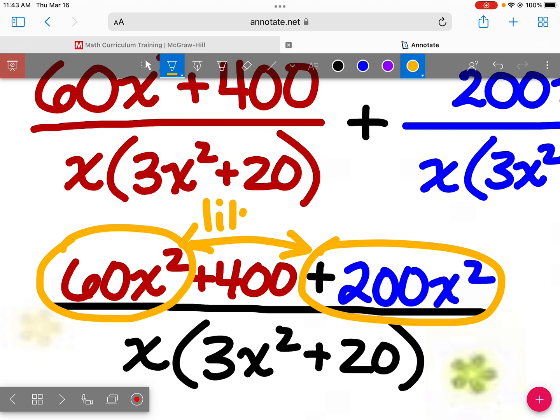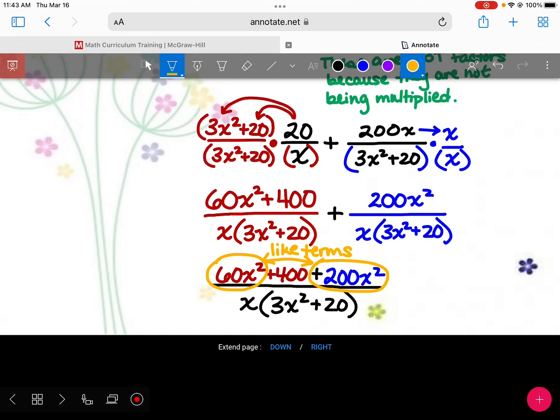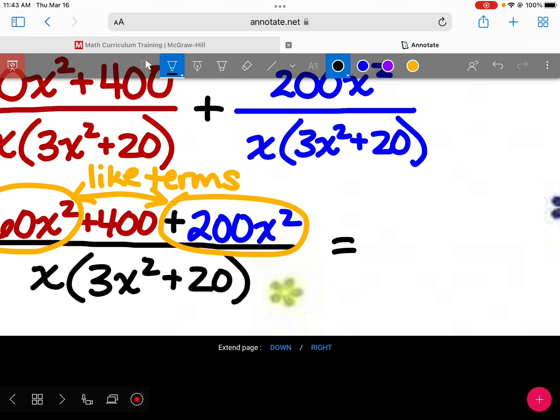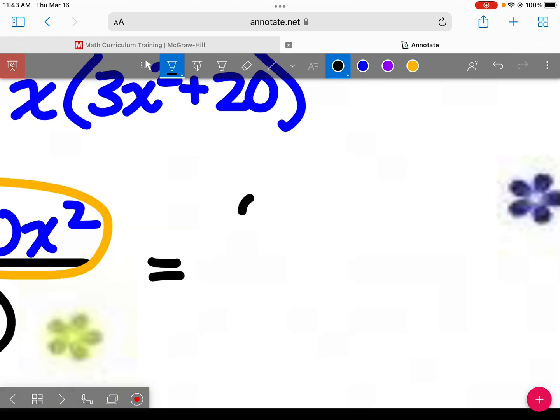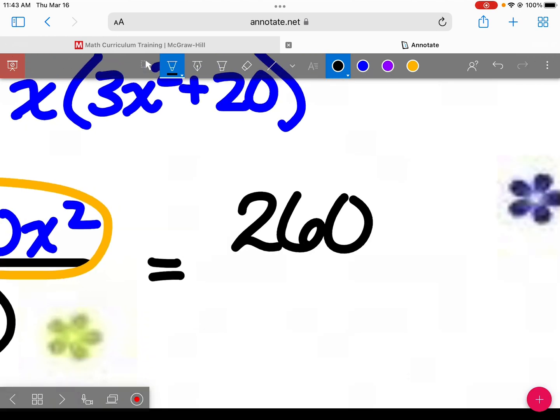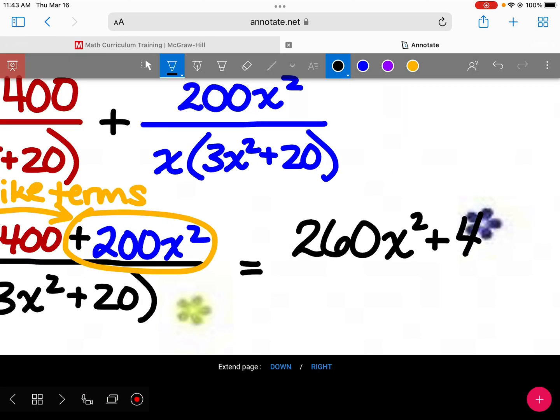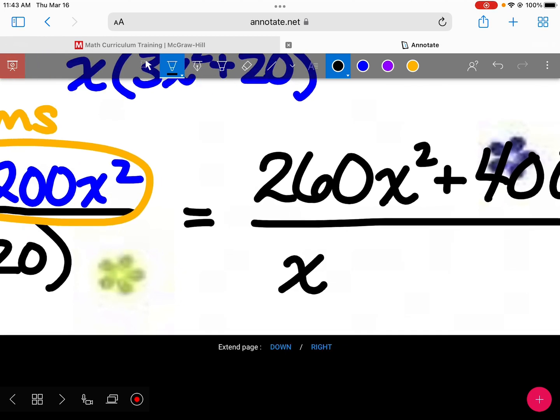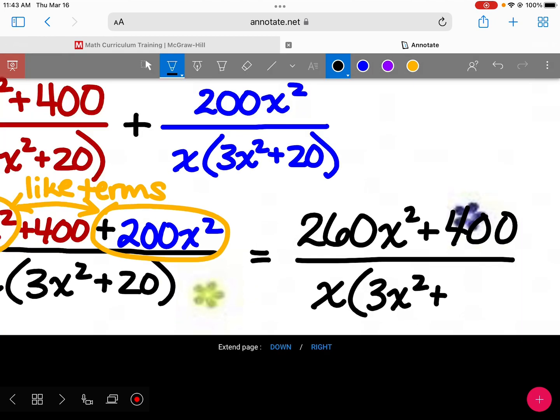Add them. Well, what symbol's between them? Add. So we're going to add those together. What do I get when I add 60x squared with 200x squared? 260x squared plus 400 over x times 3x squared plus 20.